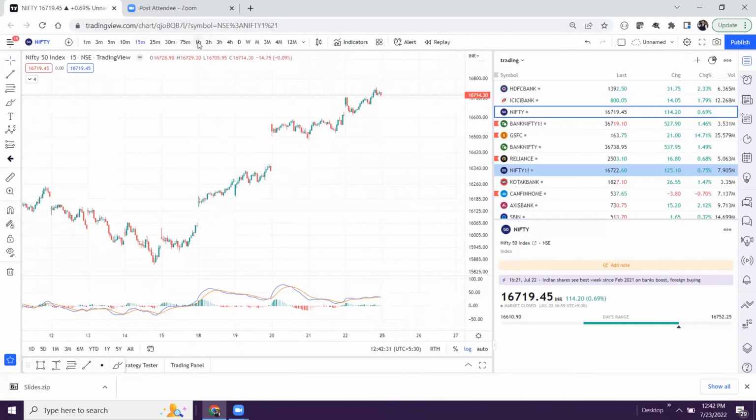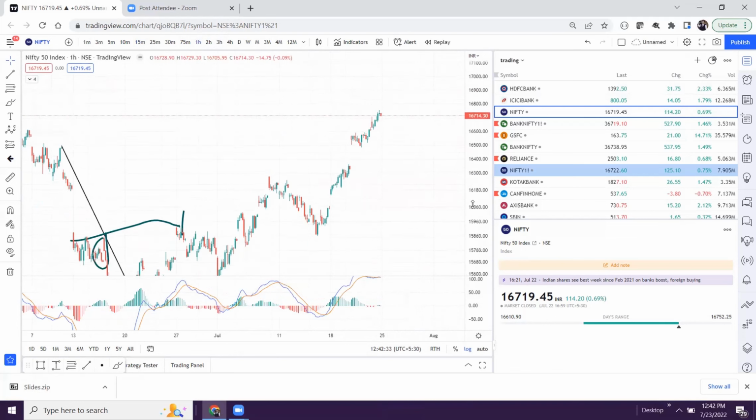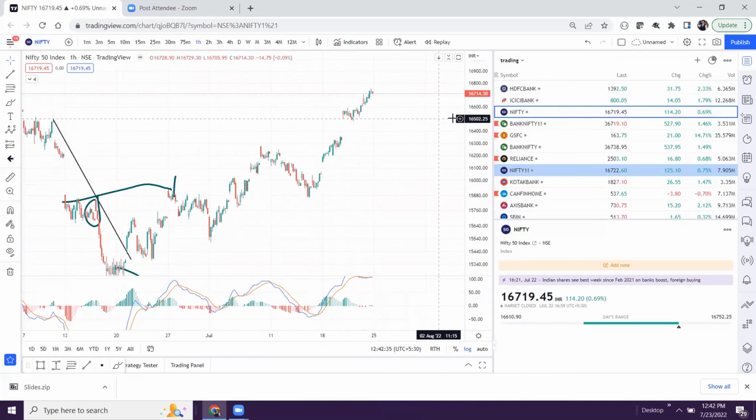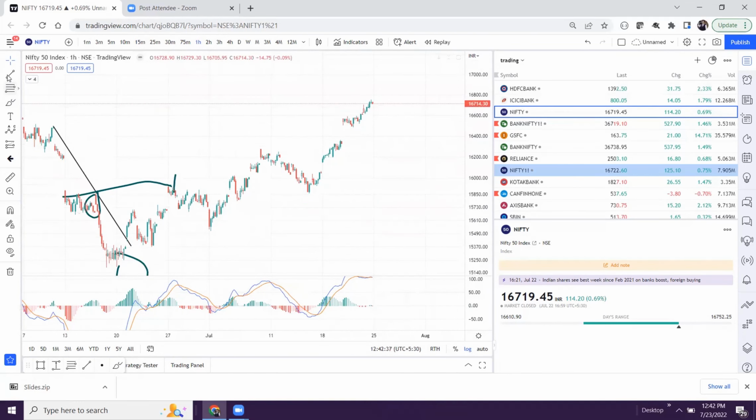Now we have to understand, for the hourly the trend is up, that is clarity, right? So if we get a selling opportunity, let me show you how. Here also there was a correction, but many people have asked me why we cannot take a sell trade in this area.